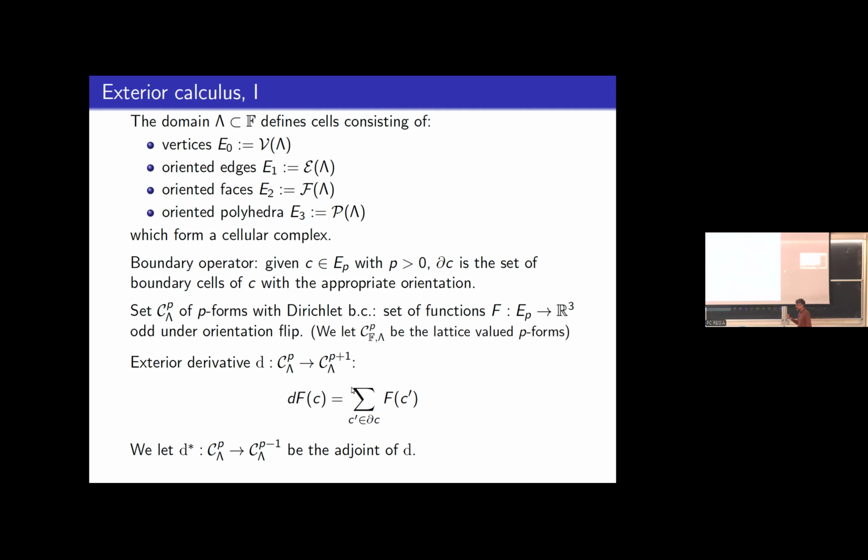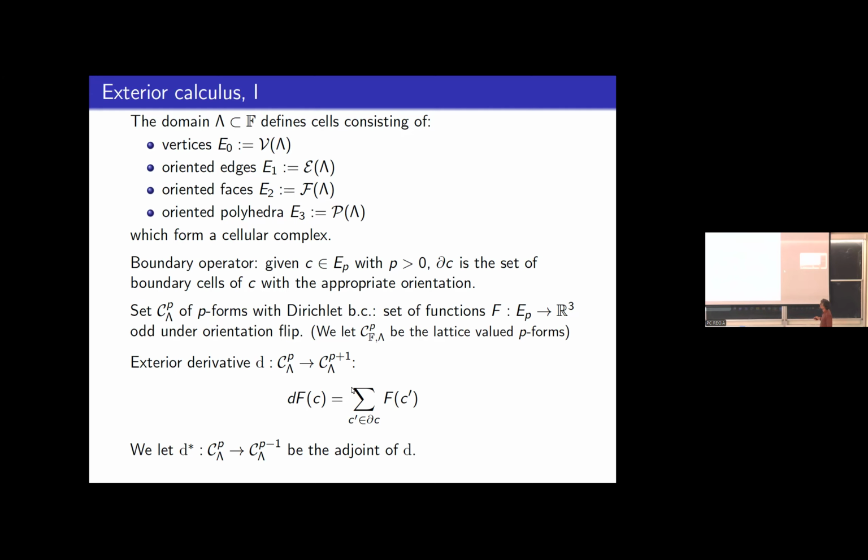Now we are in 3 dimensions. Nearest neighbor edges have as boundary points pairs of vertices. The edges are boundaries of triangular faces. Faces are themselves boundaries of polyhedra. And so the collection of the vertex set, set of oriented edges, set of oriented faces, and set of oriented polyhedra forms what is called in this theory a cellular complex.